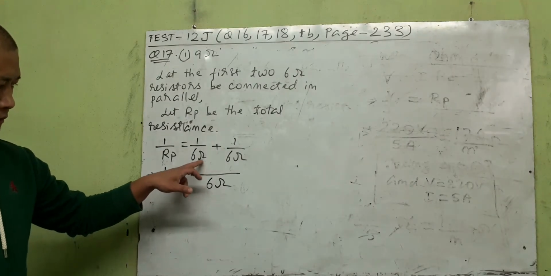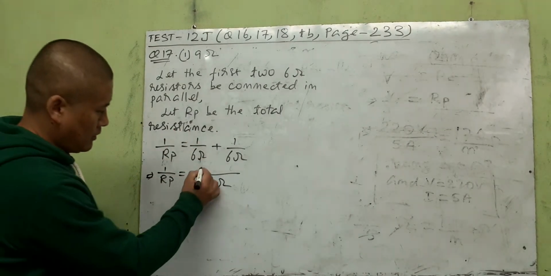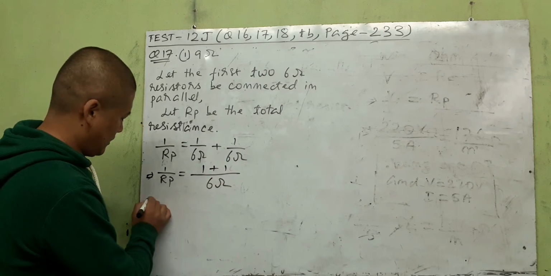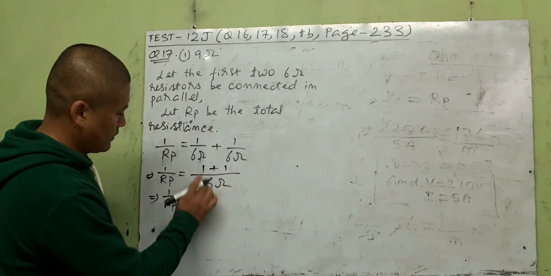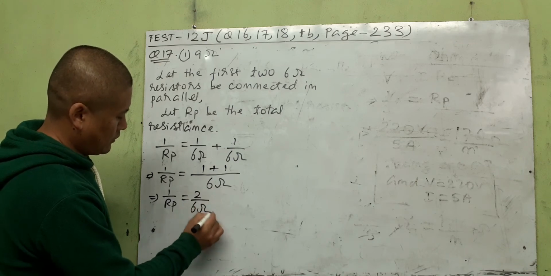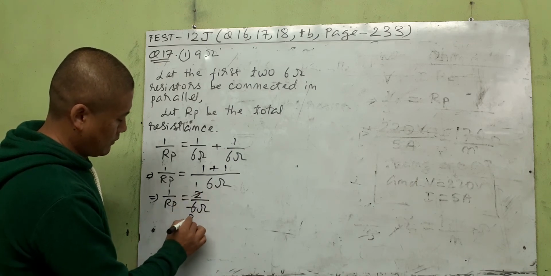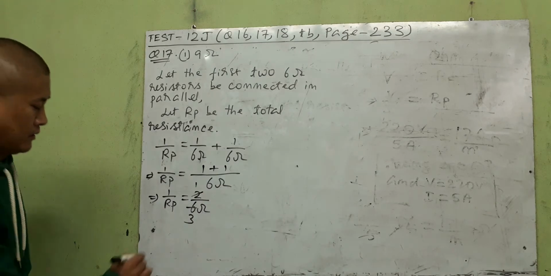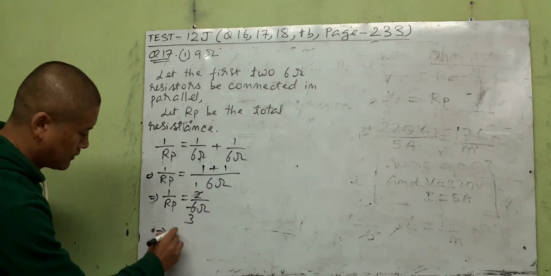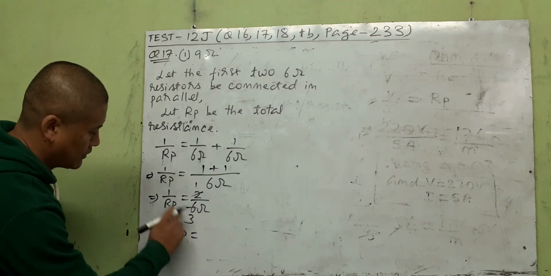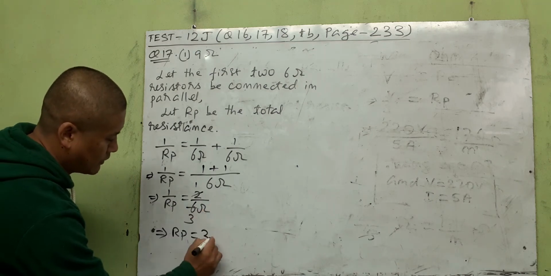Then 6 1s are 6, 1 1s are 1, similarly 1. So 1 by RP will be equal to 1 plus 1 is 2 by 6 ohms. So 2 1s are 2, 2 3s are 6. If you cross multiply, RP into 1 is RP, and 3 ohms here.